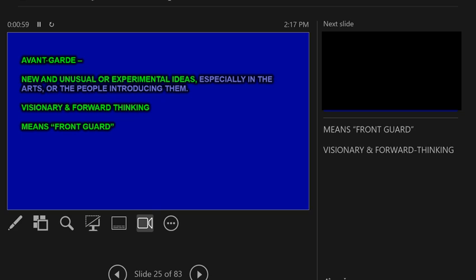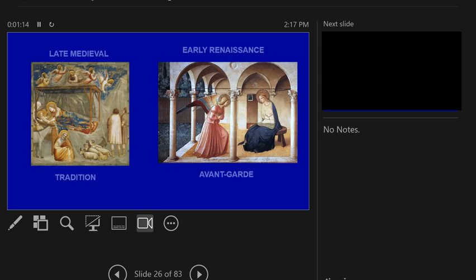And this term avant-garde kind of comes about during the Impressionism, Post-Impressionism time period. But we can apply this idea throughout art history. For example, if we compare the late medieval artwork to the early Renaissance, in this situation, the late medieval is the old tradition. That's the old style of art.